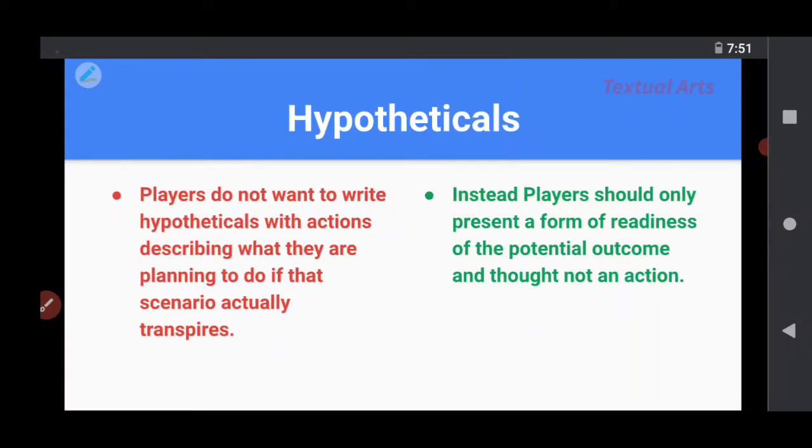And this means that players should only get prepared. Instead of saying, if my opponent does this, I'm going to do that, pretty much, instead of saying what you're going to do, just say, I'm ready for my opponent to do this, and I'm ready for my opponent to do this if this happens, and I'm also ready for my opponent to do this if this transpires.